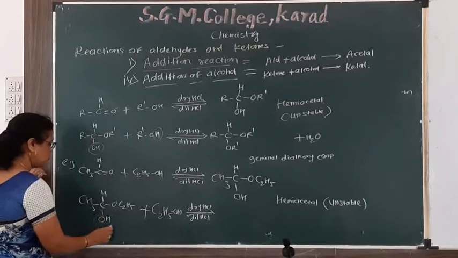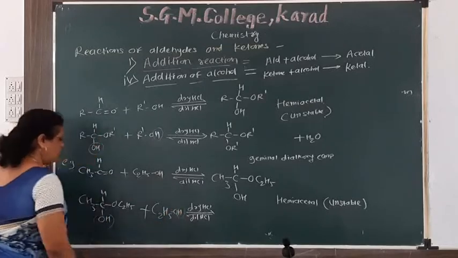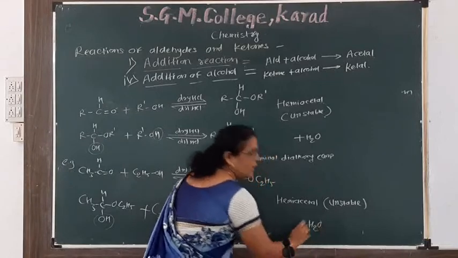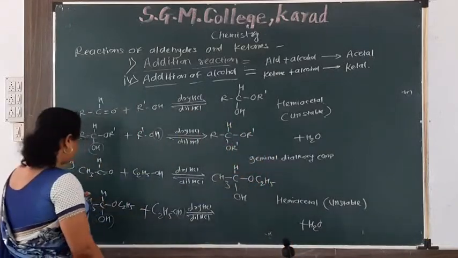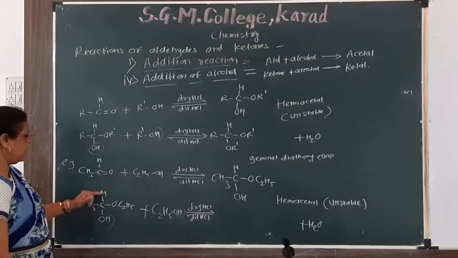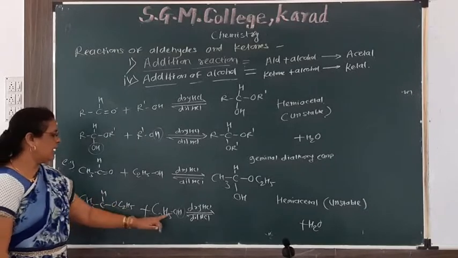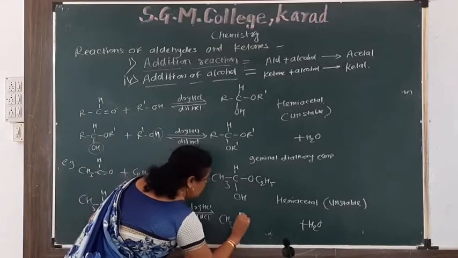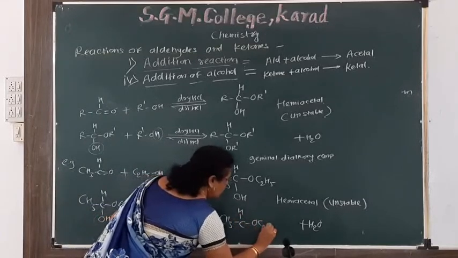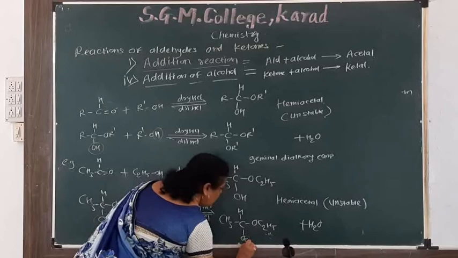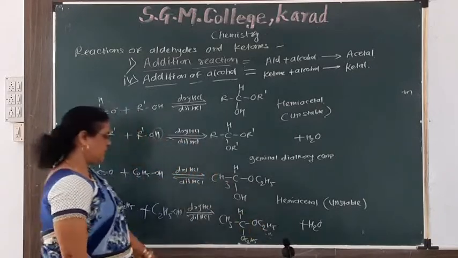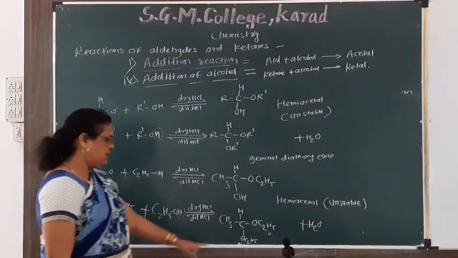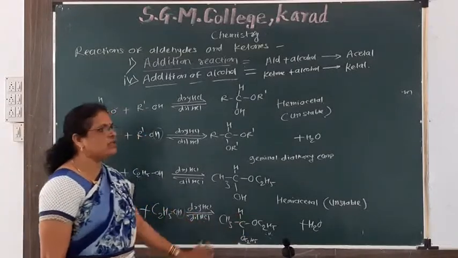Then this OH group and this H are removed as a water molecule, plus H2O, then we get CH3, CH, OC2H5 and OC2H5. This product is obtained. Name of this product is geminal dialkoxy compound.